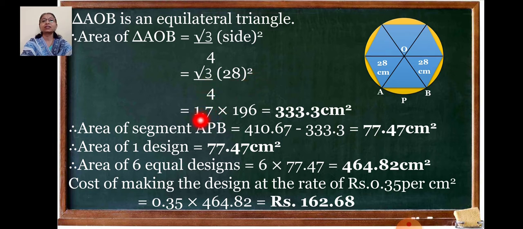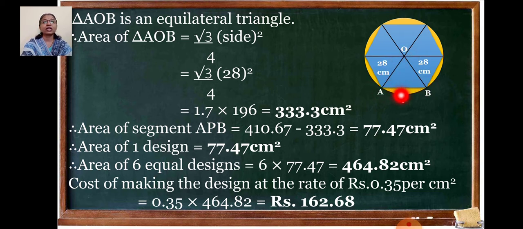Value of root 3 is 1.73, you can substitute, and after cancelling this 4, you will get 28 into 7, that is 196, and their product is 333.3 centimeter square.